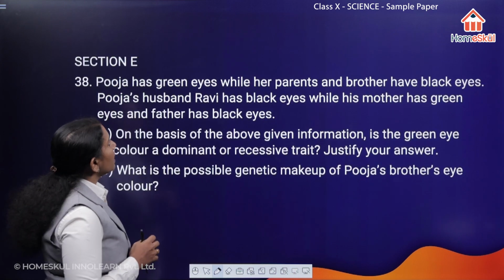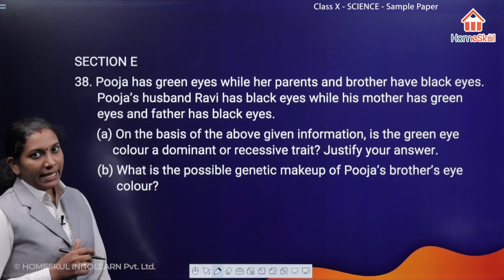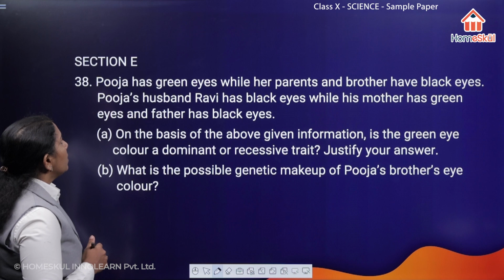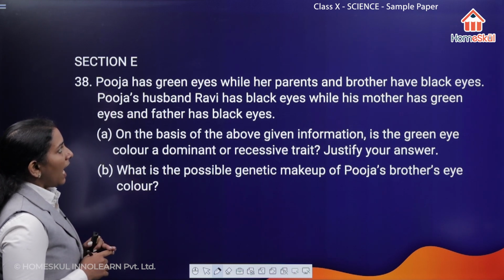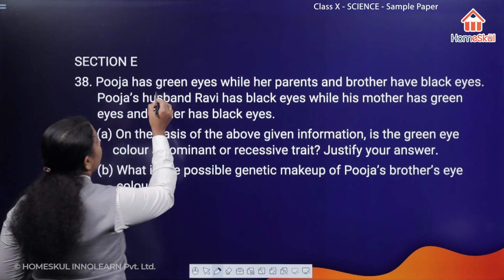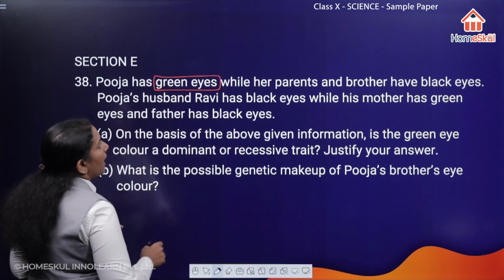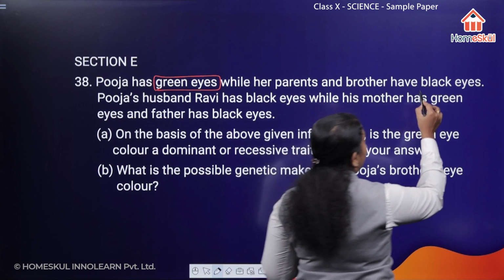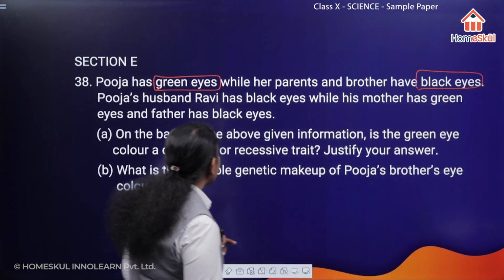Then in section E, you have a question. Pooja has green eyes while her parents and brother have black eyes. That you have to note.